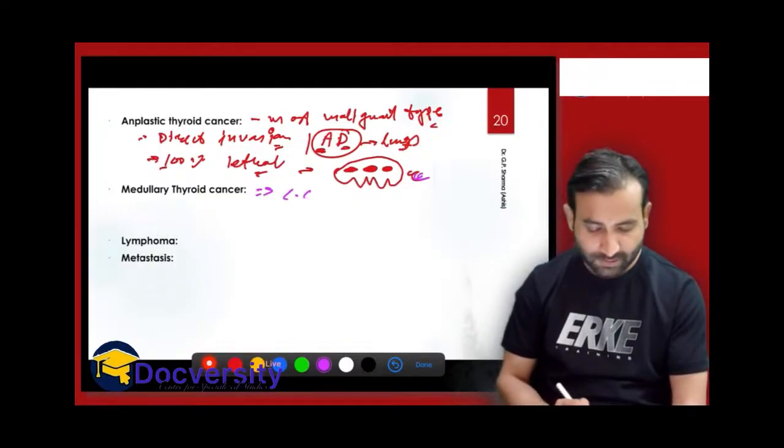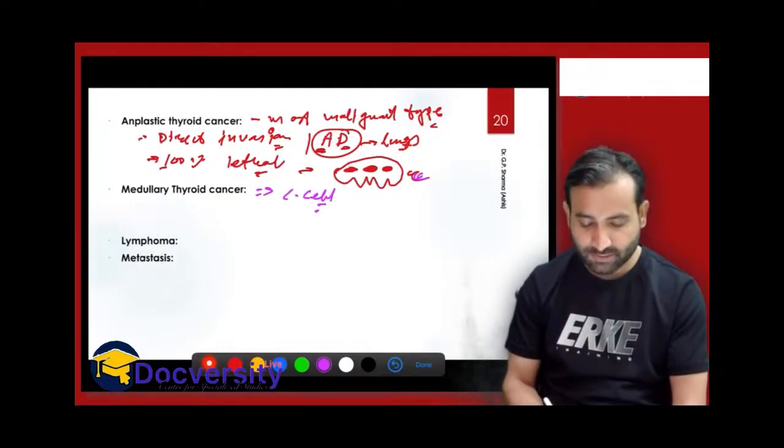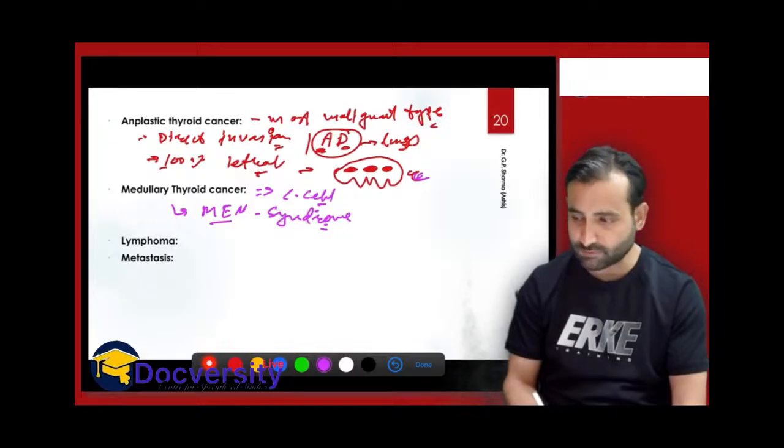And medullary carcinoma. Medullary carcinoma means it is the C cell cancer, right? Parafollicular cell cancers. That parafollicular cell cancer is associated with the MEN syndrome. We will discuss the MEN syndrome after some time, right?